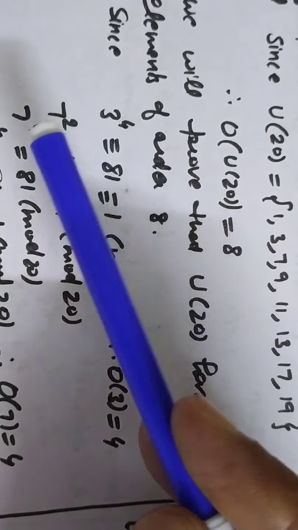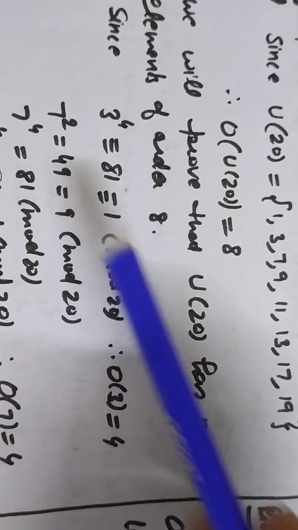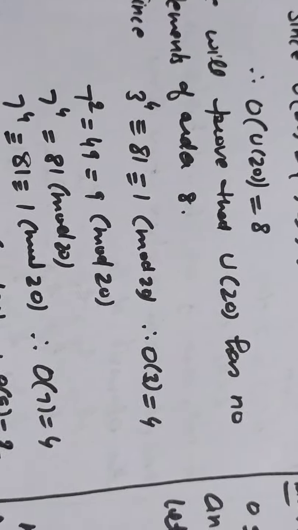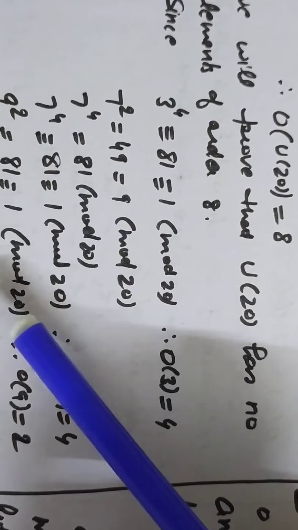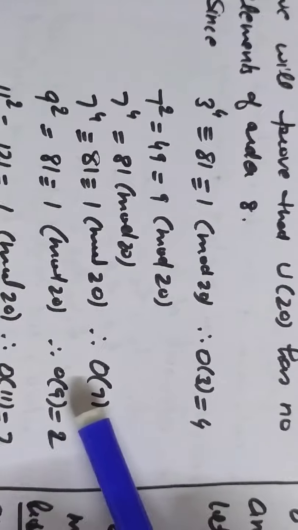Similarly, 7 raised to 4 is 81. By congruence modulo multiplication, you will again get 1 as remainder when divided by 20. Similarly 9 squared is 81, and 81 divided by 20 gives remainder 1. Therefore the order of 9 is 2.